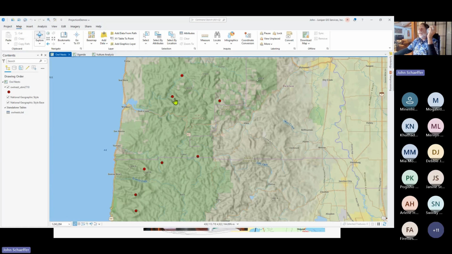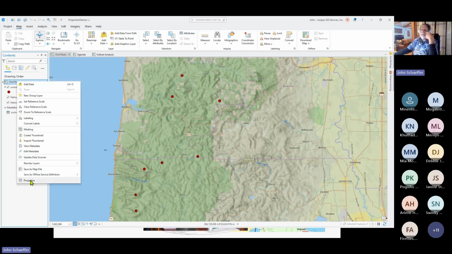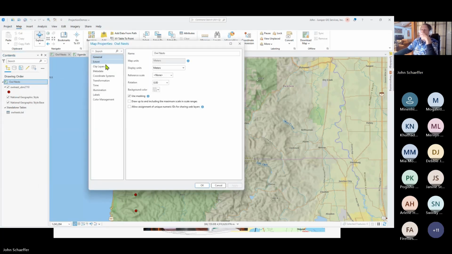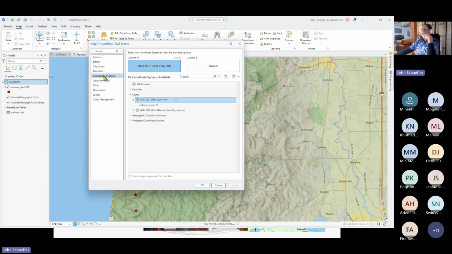Now, the nests were actually taken in WGS 84, or, that's how they faked it up. They used WGS 84, World Geodetic System 1984. But all of the Forest Service data was in UTM NAD 27 Zone 10. So let's right-click on the data frame, go to Properties, go to Coordinate Systems, and we can see we're NAD 27 UTM Zone 10 North.